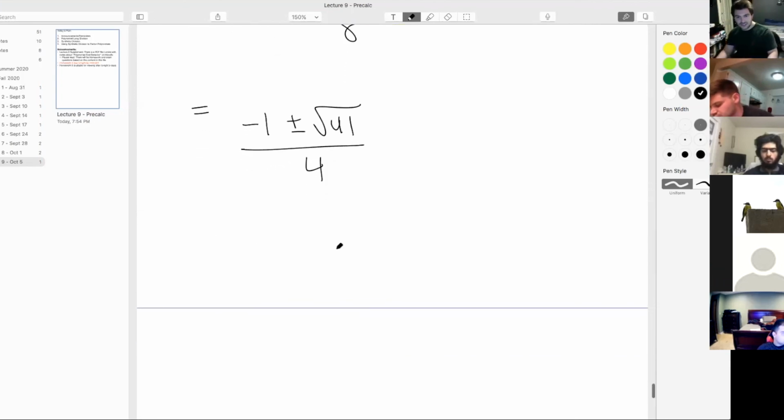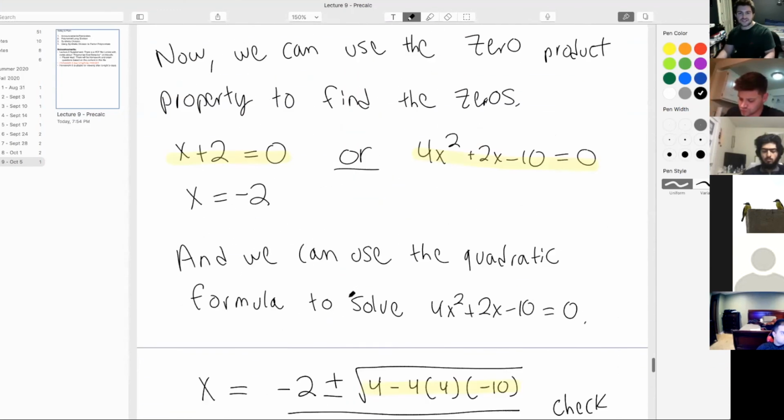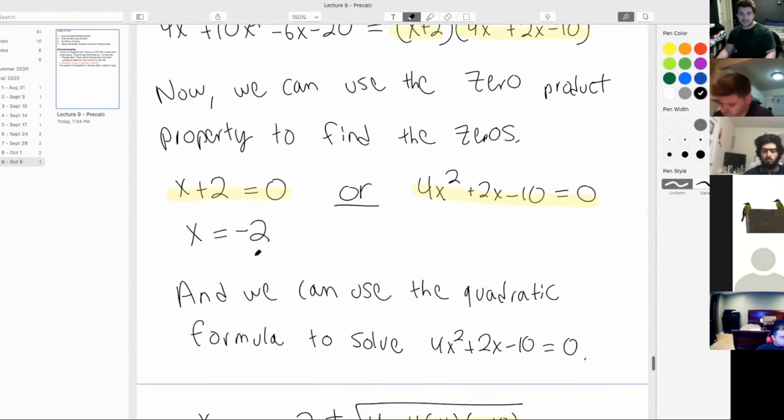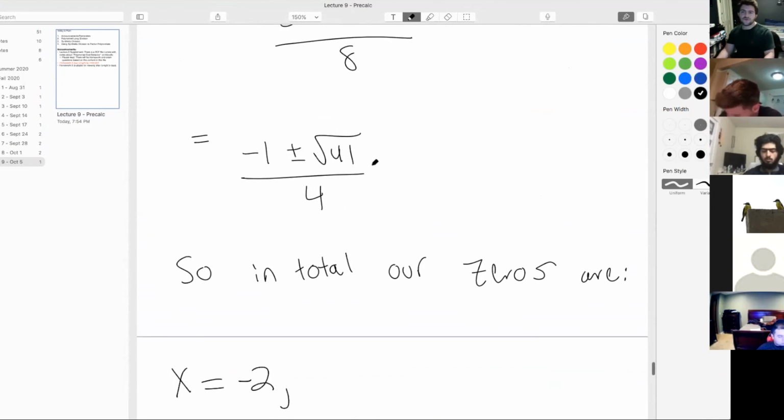So in total, our zeros are the following. Remember, the zeros came from these two solutions up here. We already figured out very easily that one of the zeros was x equals -2. And now we have 2 further zeros, one with the plus sign and one with the minus sign.